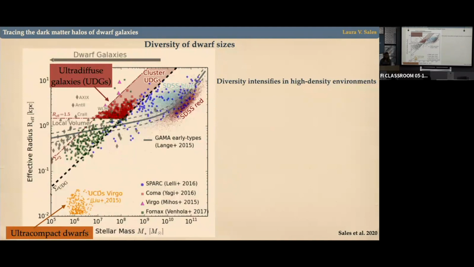Again, effective radius, stellar mass. And again, what is striking is, look in this area over here, the diversity of sizes. You will have things that are as extended as the Milky Way, things of dwarf mass extended 3-4 kiloparsecs half mass radius, or things that are almost comparable to globular clusters. Several orders of magnitude is very difficult to get in simulations.